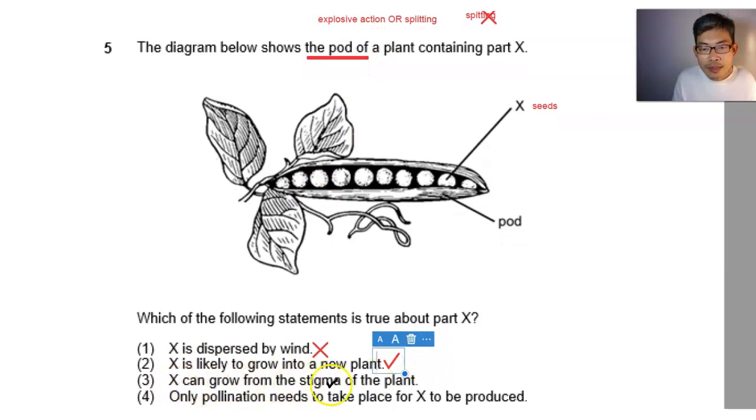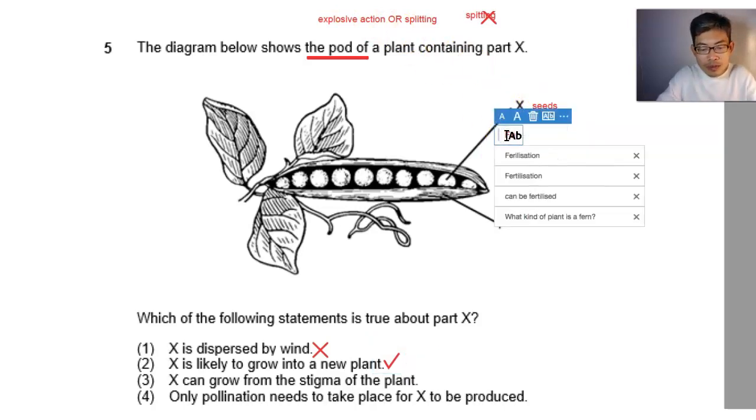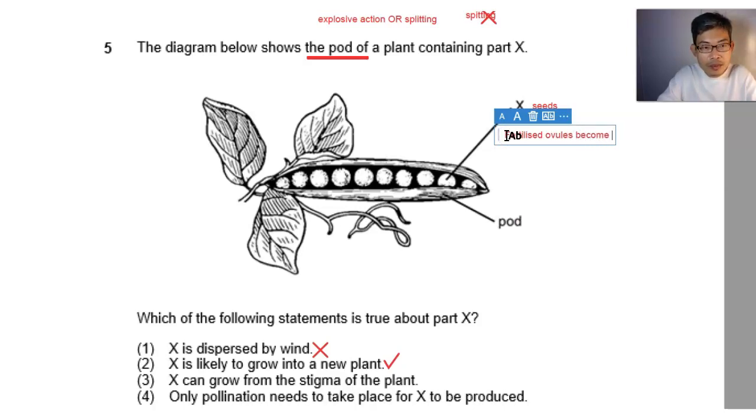X can grow from the stigma of the plant. No. Seeds come from ovules, remember? So fertilized ovules become seeds. It's not from stigma. So the stigma part is wrong. Only pollination needs to take place for seeds to be produced. Wrong.